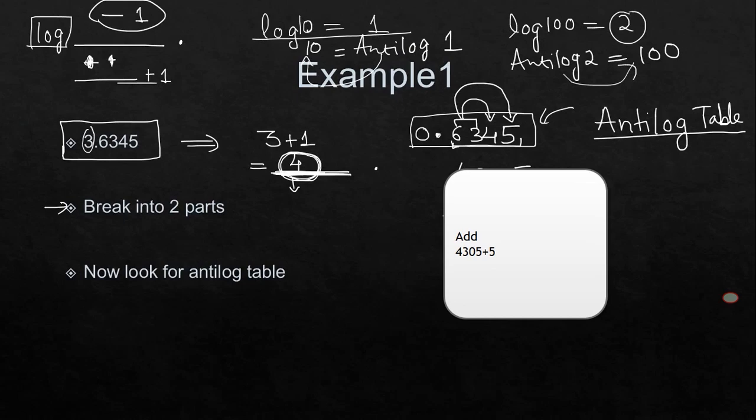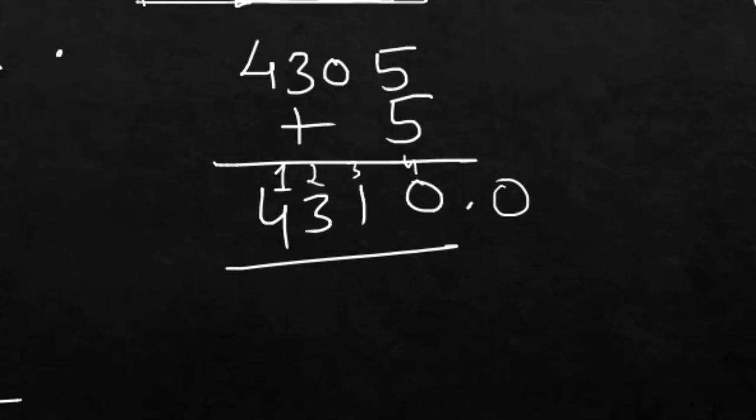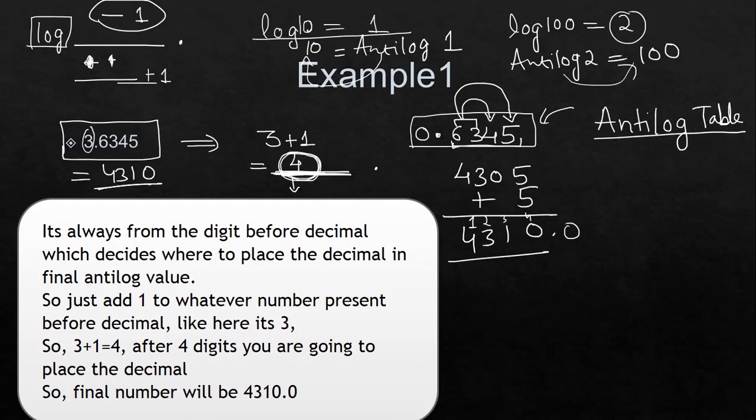So what you have to do is take this value, 4305, plus 5, so just add both of them. Now this is not the final value because we have to put the decimal point also. The decimal point, as I have told you, is decided by the number which we have taken. This is 4, which means we have to put the decimal after 4 digits: first, second, third and fourth. After this you place the decimal point.